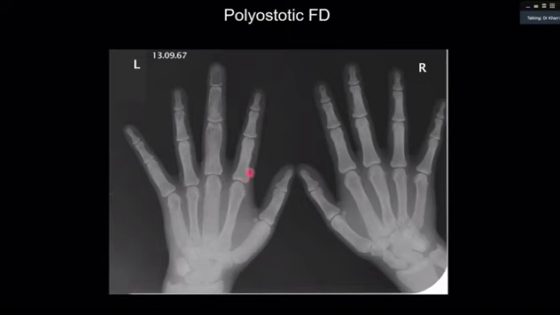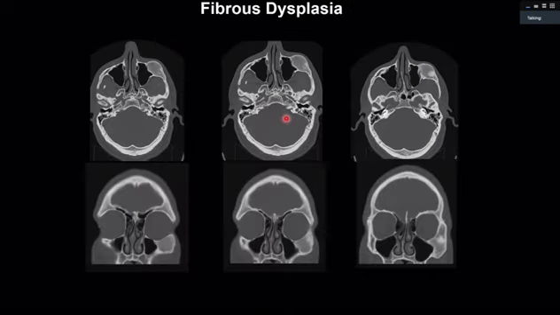And students at times confuse, why is this lucency there? It is the same thing. And this lucency can happen in fibrous dysplasia. This is another CT scan, fibrous dysplasia of the zygoma.